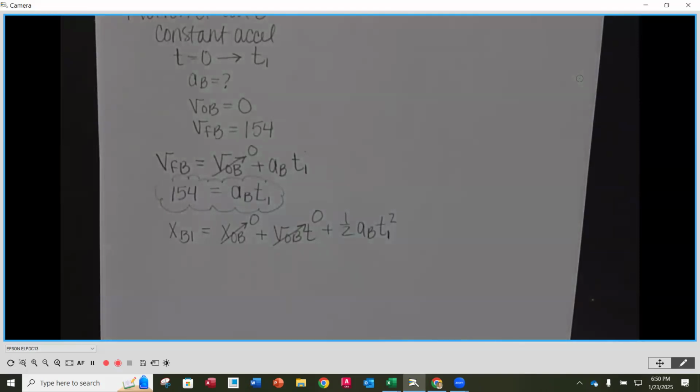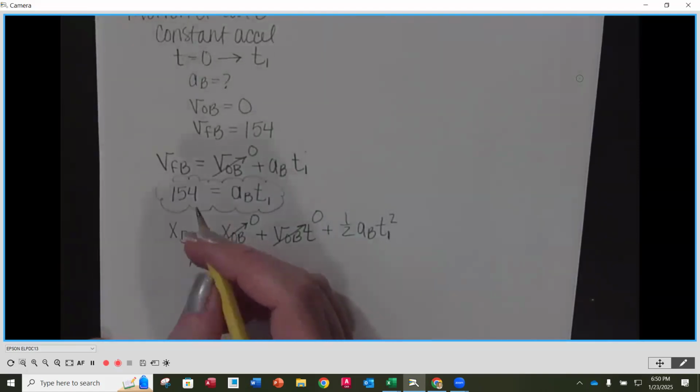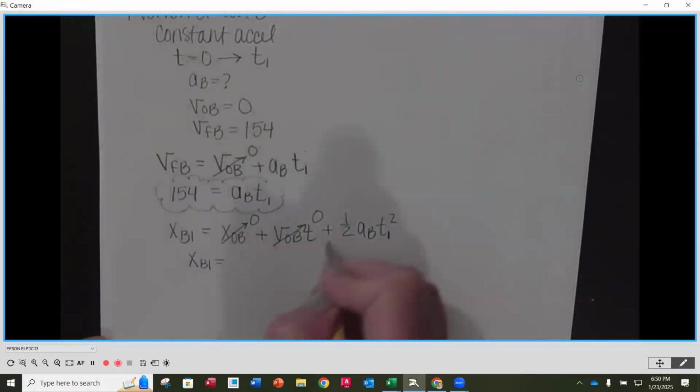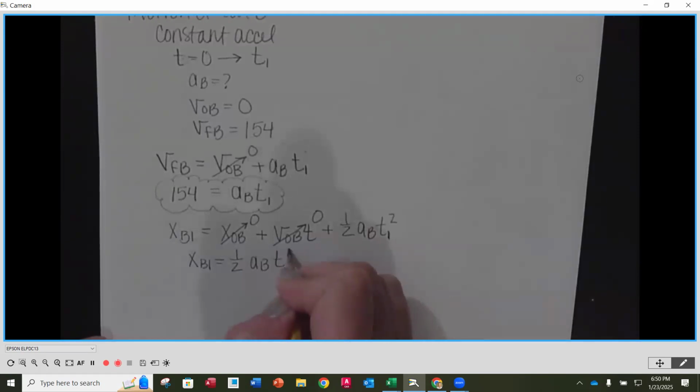Okay. So we can say that X B1, that distance as we're getting to 105 miles per hour, is going to be equal to what's left here, 1/2 A_B times T1 squared. Okay.